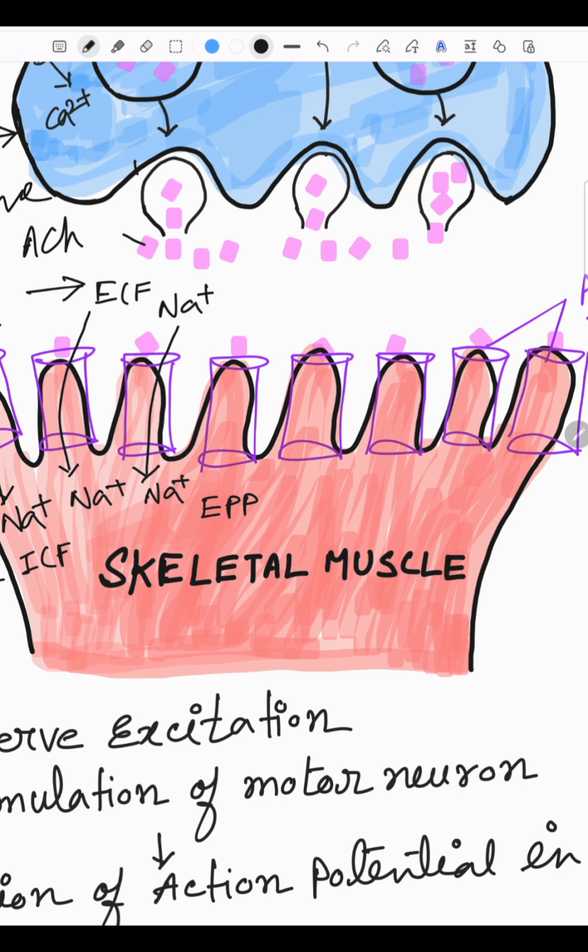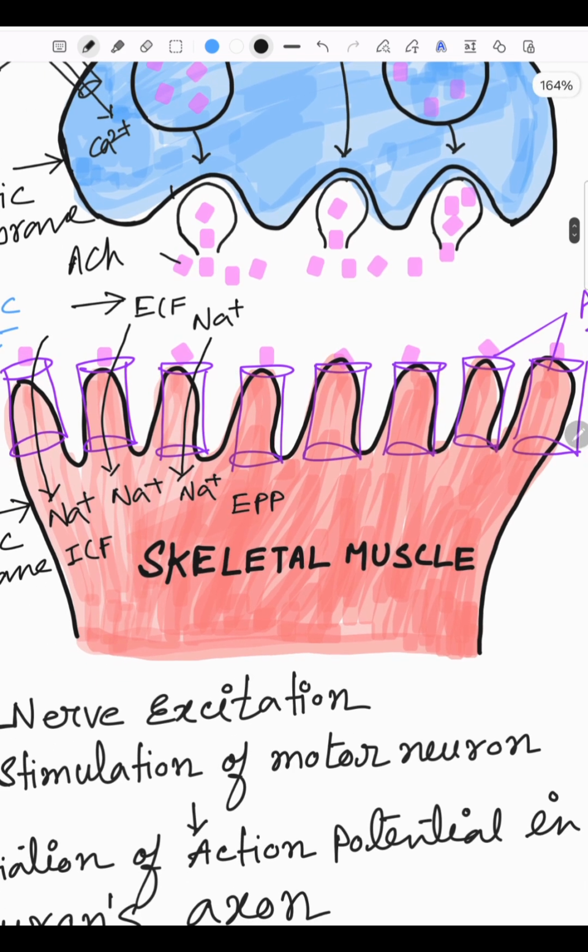Okay, and whenever this acetylcholine molecule binds with acetylcholine receptor, there is influx of sodium with a little bit of calcium, but this calcium and sodium are not sufficient for generation of action potential.